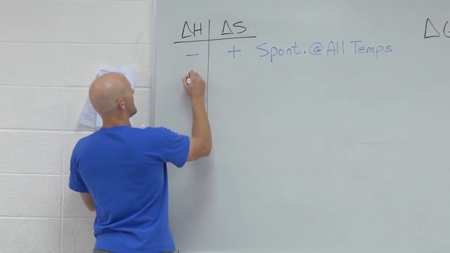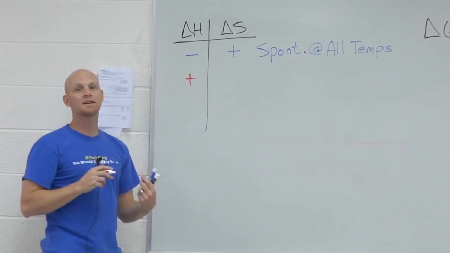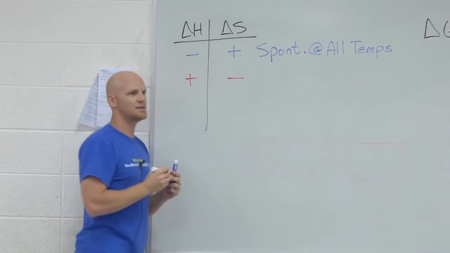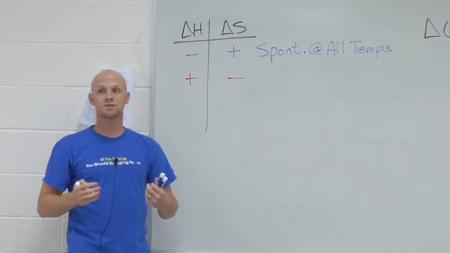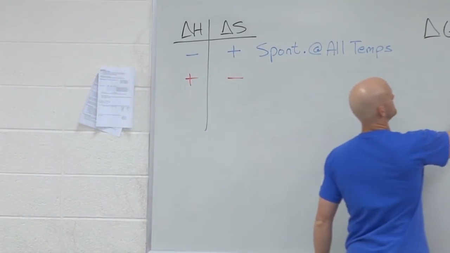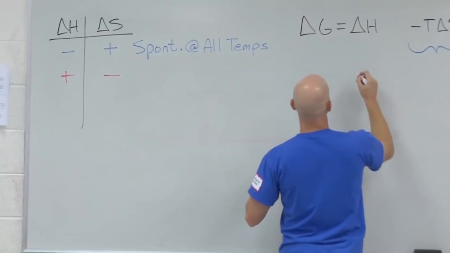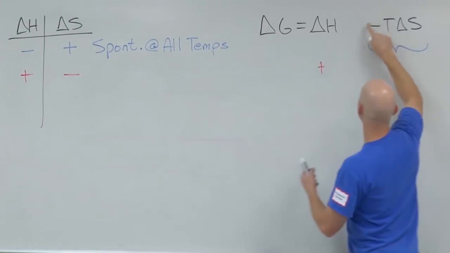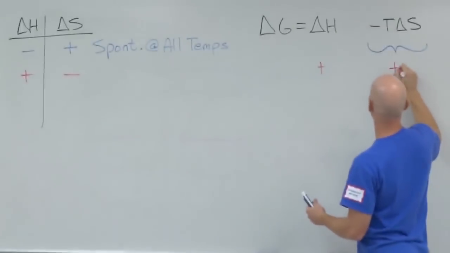Let's say we have the system gain energy, gain heat, endothermic, and we have it actually get more ordered. It loses entropy. In this case, delta H is positive, and if delta S is negative, then this second term is going to be positive.